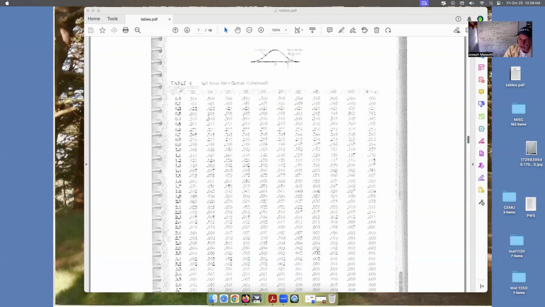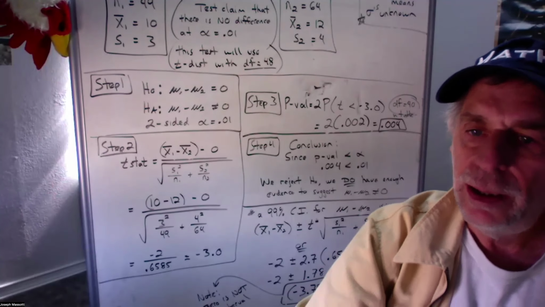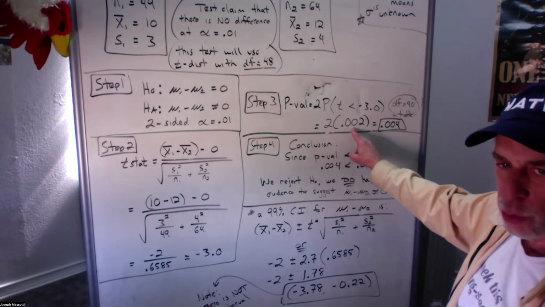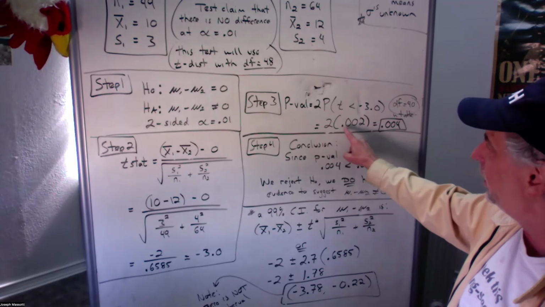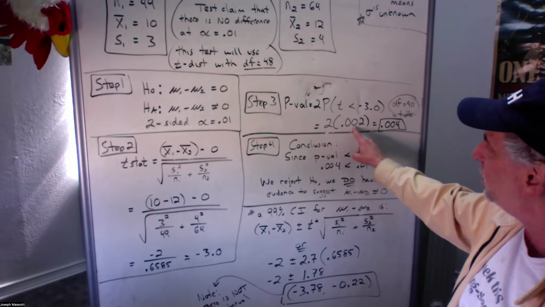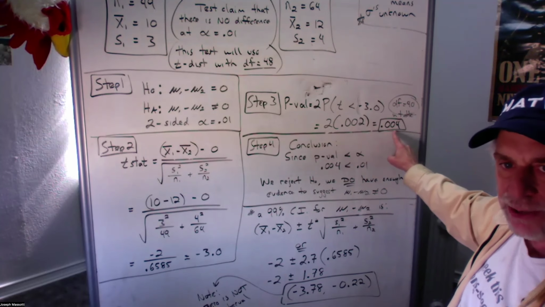So that's our probability of getting a value less than -3 in this T distribution with 40 degrees of freedom. We double that value because it's a two-sided alternative. So we double that value of 0.002 to get our p-value of 0.004.